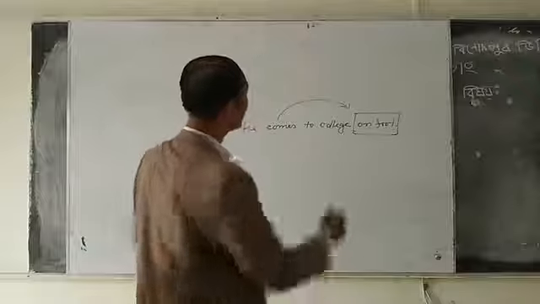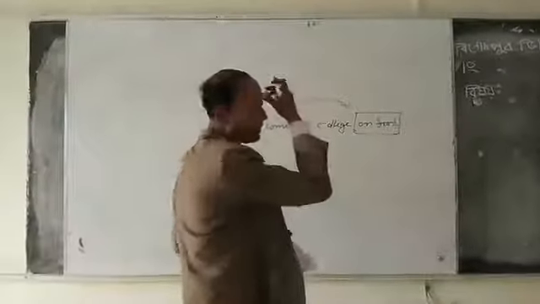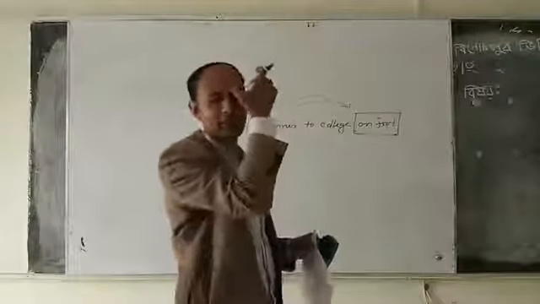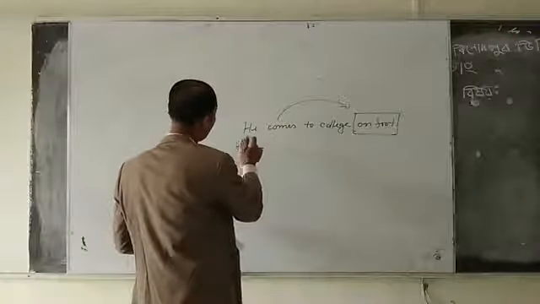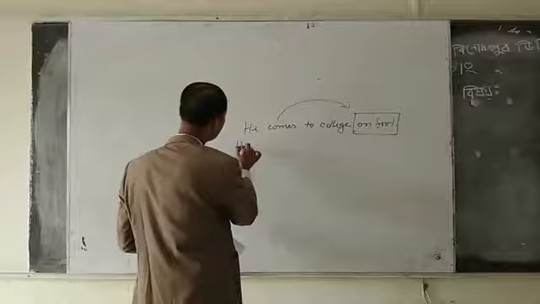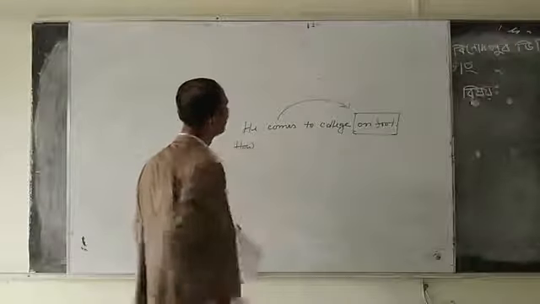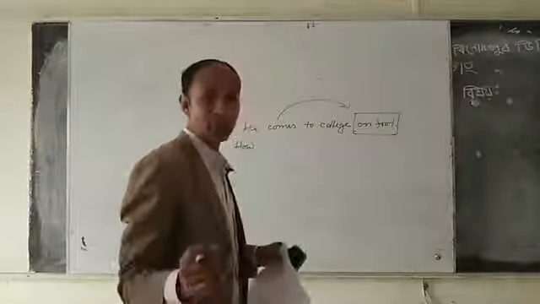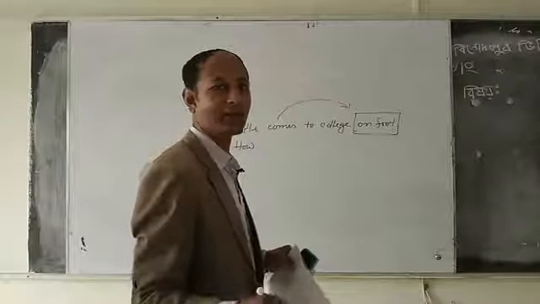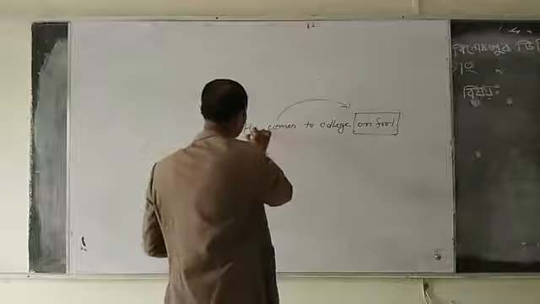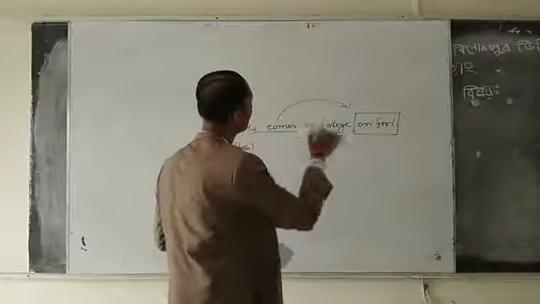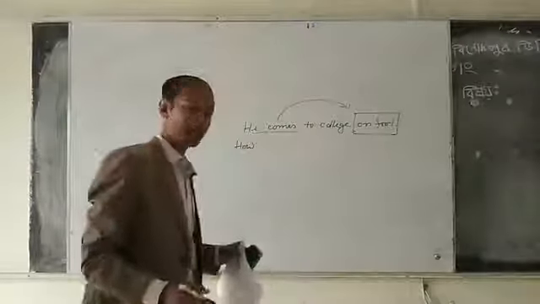Okay? For this information, we will use how as WH word. How? Then we will put auxiliary verb. Okay? But in this sentence we do not get direct auxiliary verb.